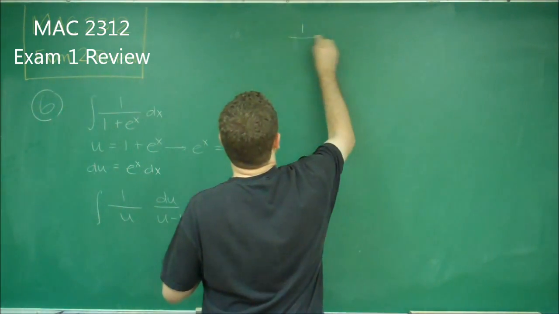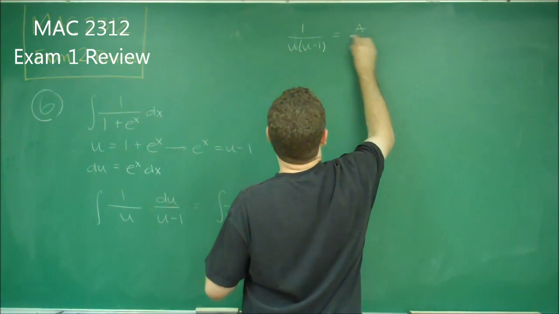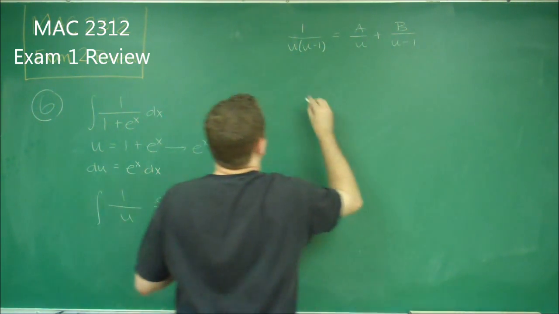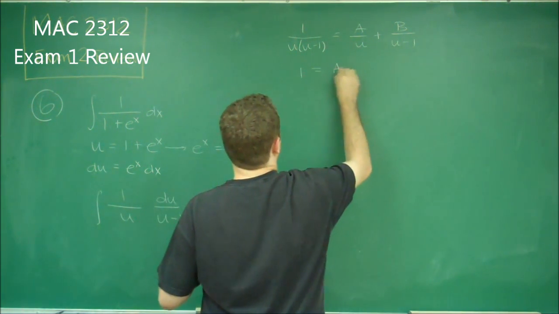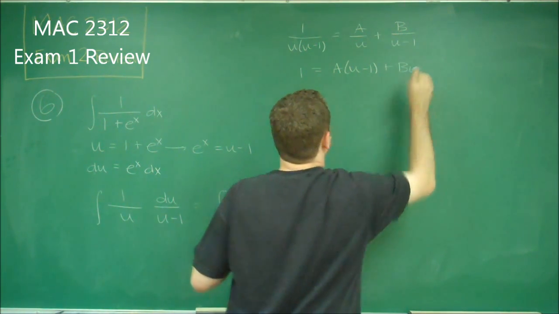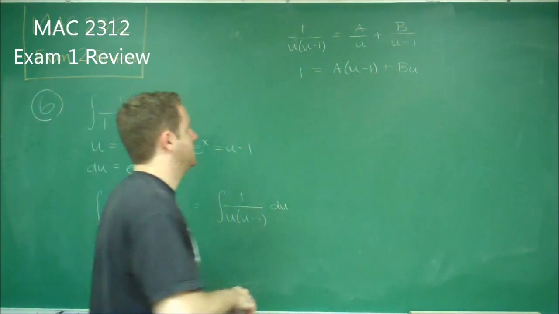That's clearly a partial fractions problem, so let's do that. So 1 over u times u minus 1 is equal to a over u plus b over u minus 1. That tells us that 1 is equal to a times u minus 1 plus b times u. This one's extremely simple to do just by plugging in values.